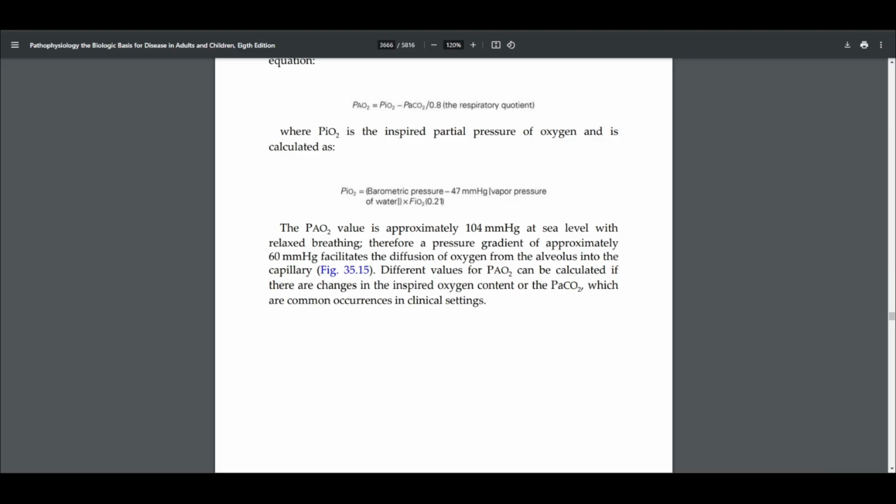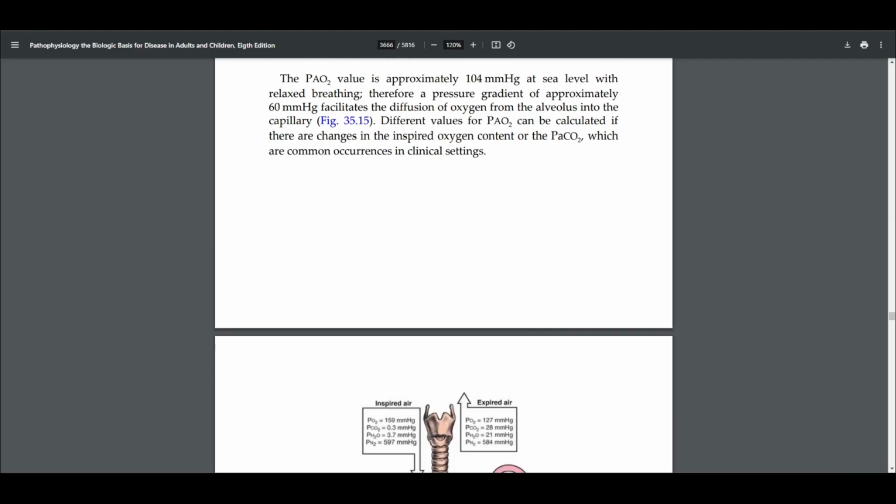That's 0.209, or 0.21 if you round up. The PAO2 value is approximately 104 mmHg at sea level with relaxed breathing. Therefore, a pressure gradient of approximately 60 mmHg facilitates the diffusion of oxygen from the alveolus into the capillary. Different values of PAO2 can be calculated if there are changes in inspired oxygen content or your PaCO2, which are common occurrences in clinical settings.